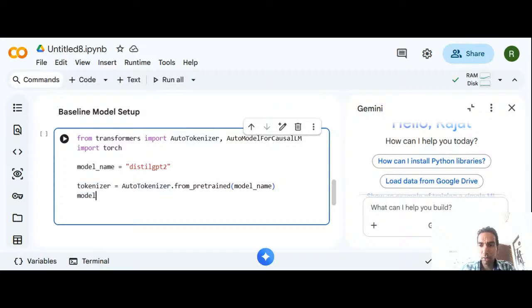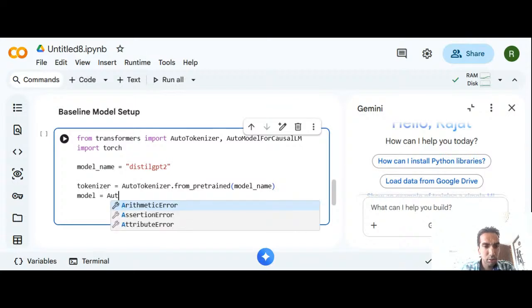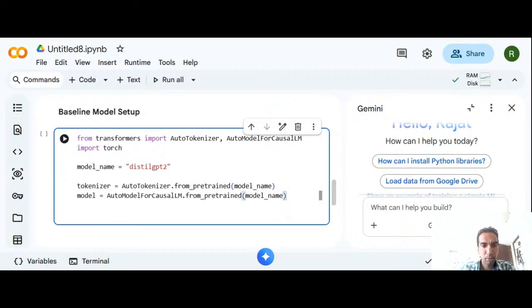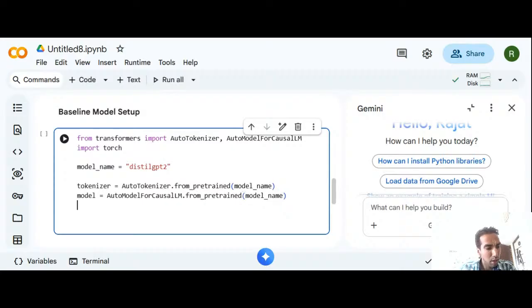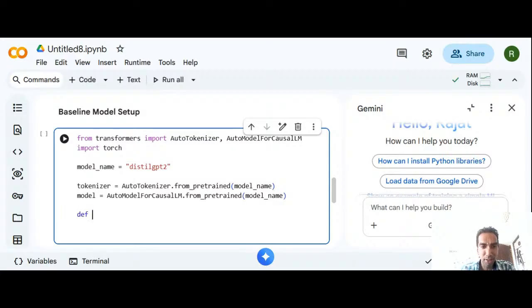Okay. And I think in a later class we will understand what exactly this from_pretrained AutoTokenizer does, what the different parameters of a tokenizer are, and what it means to extract the tokenizer of a model.